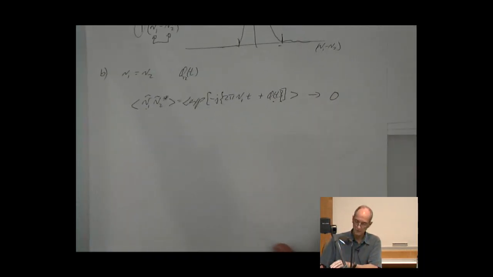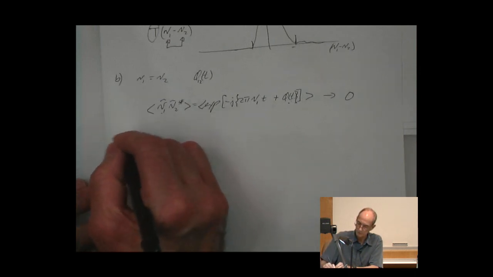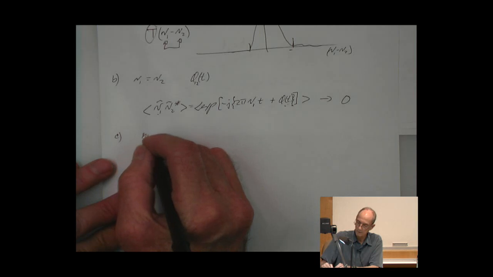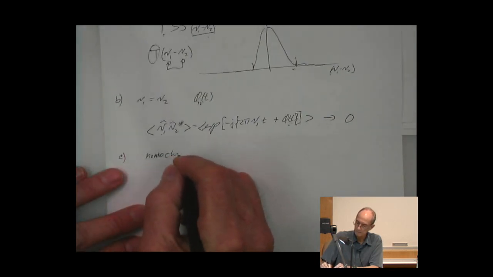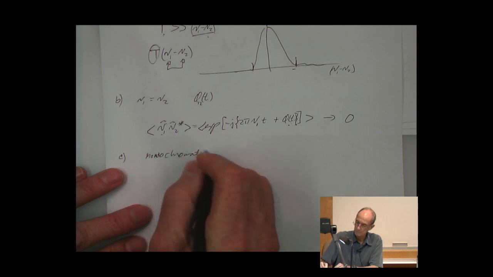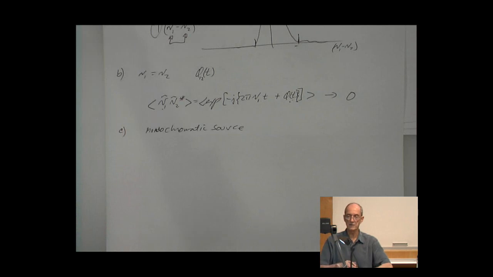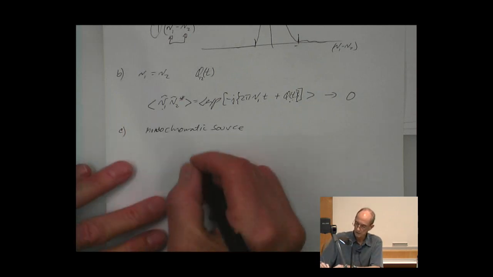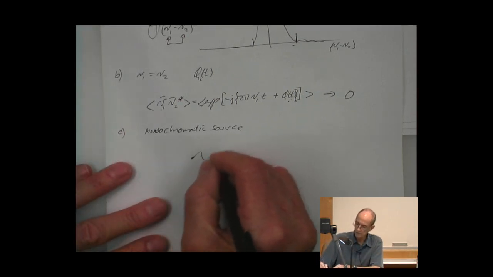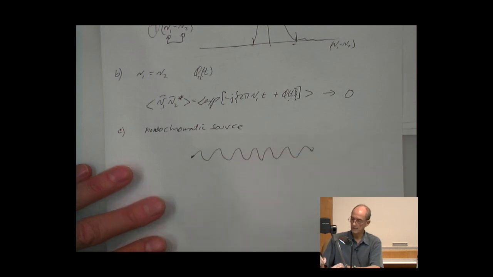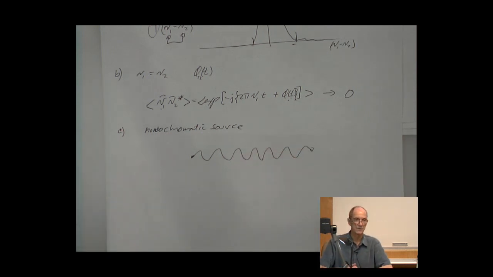Okay, now there's another situation as well to look at. The third case is, what if we have a monochromatic source? A truly monochromatic source is going to emit a plane wave or some wave at the same wavelength for all time, okay?